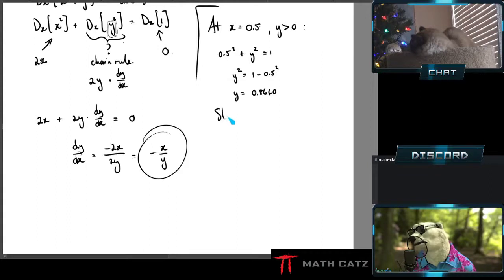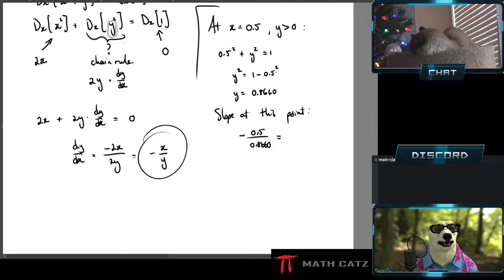So the slope at this point is negative 0.5 for x, 0.8660 for y. Let us see what that is. Negative 0.5. Of course, remember when I do this, I always use the most accurate versions of the numbers.